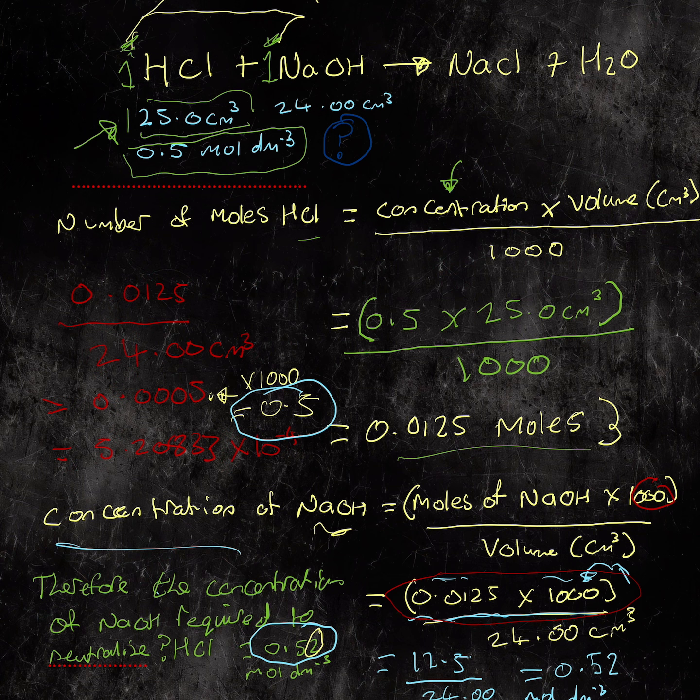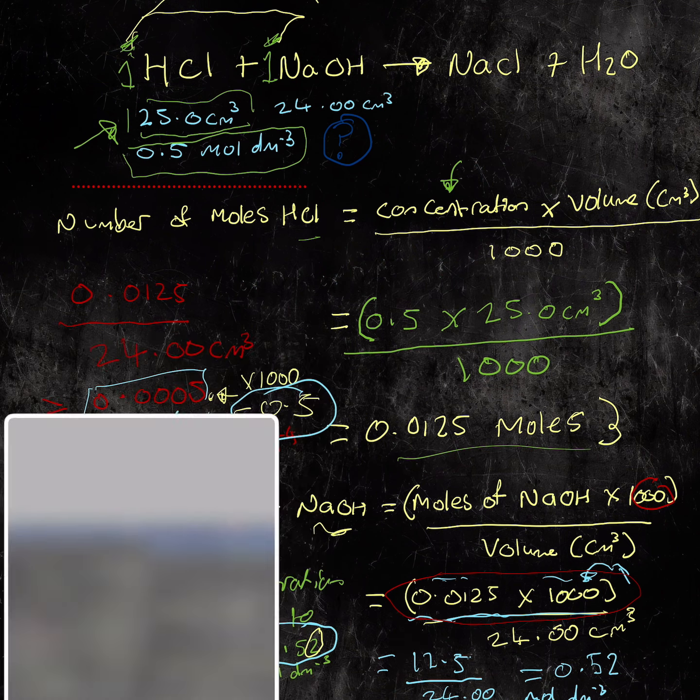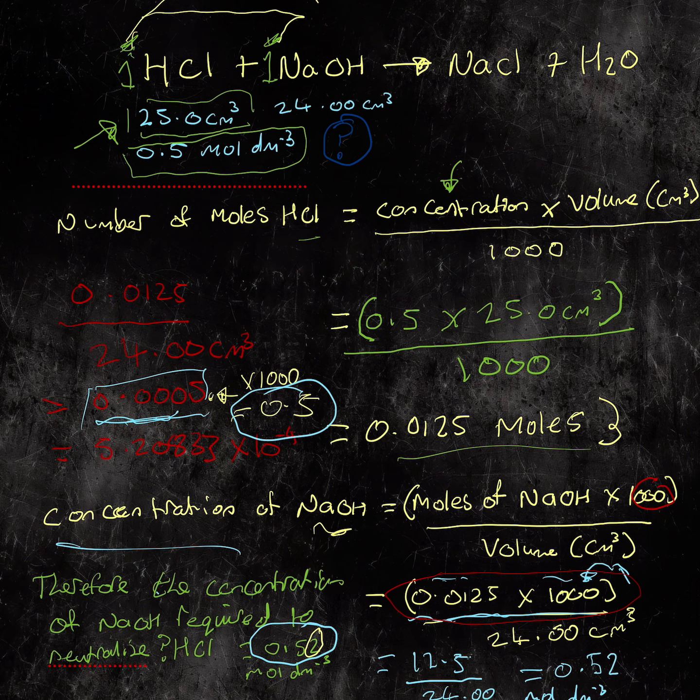Okay, so it's a more accurate answer. And if you've done lots of these types of calculations with timesing it by 1000 afterwards, throughout the course of your calculation, the rounding errors will build up and it can give you quite a way out answer. Yeah, so just be careful of that.